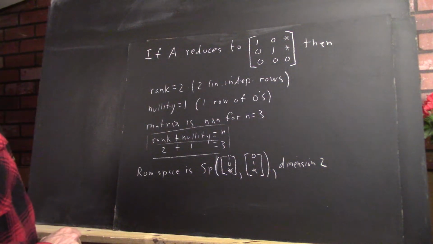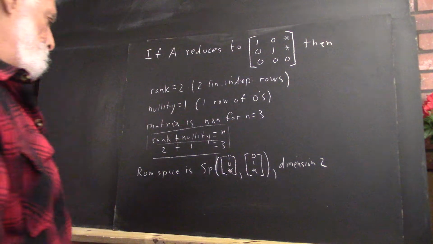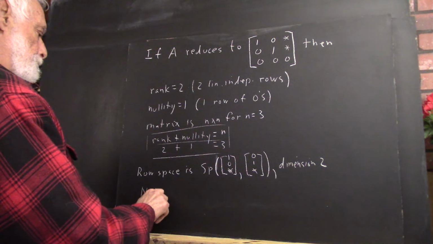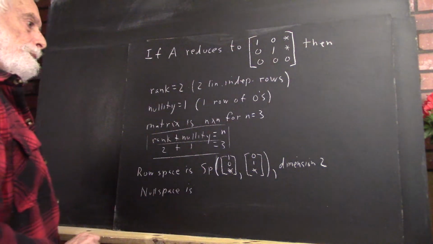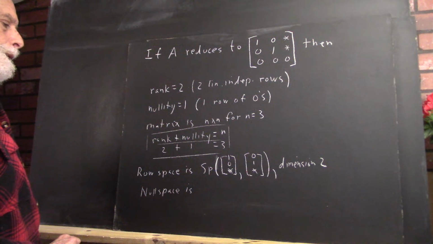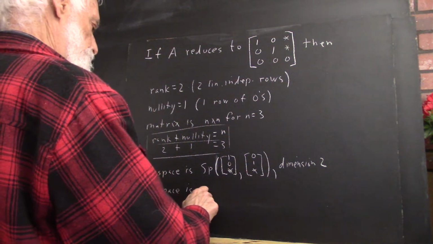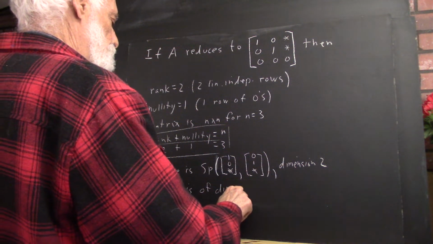And your null space is the set of solutions. I'm not going to write it down because that really depends on the matrix.